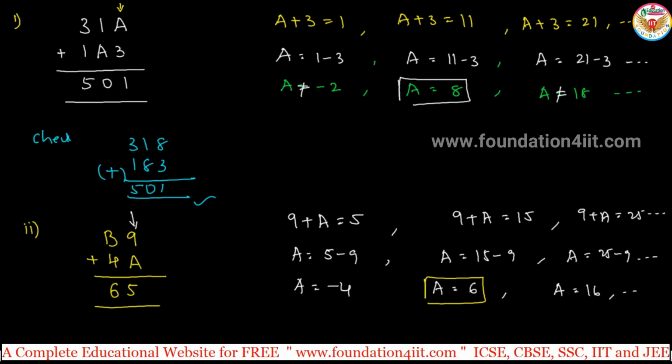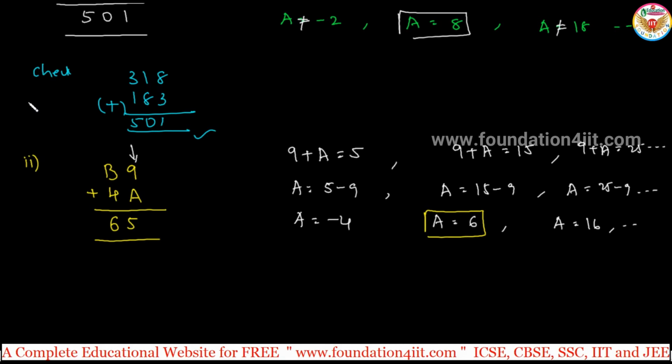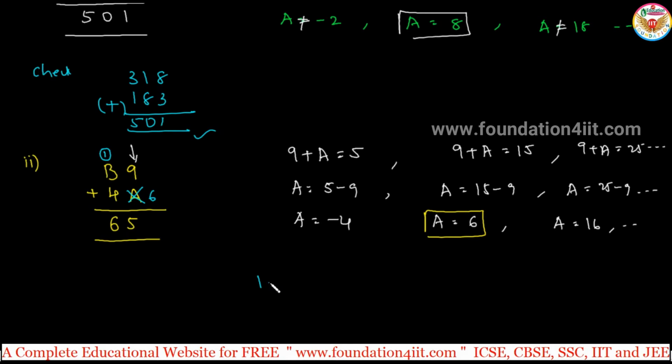Right? Now the first statement is clear. Then if you replace, in the place of A, if you take 6, 9 plus 6 is 15. So 1 carry over here. Now 1 plus B plus 4 must be 6. From this you can identify the next one.